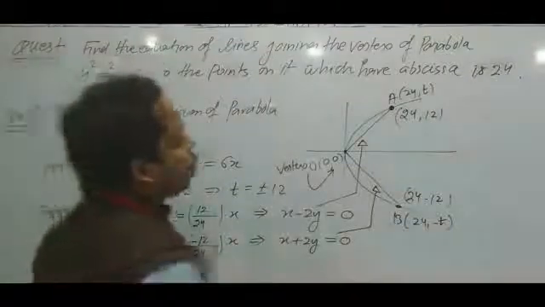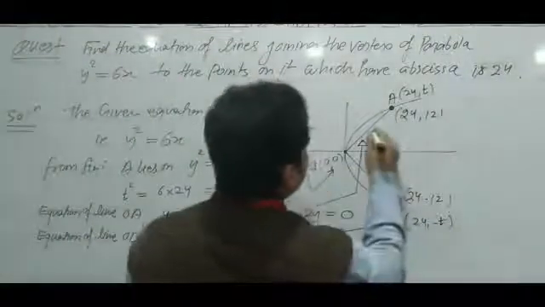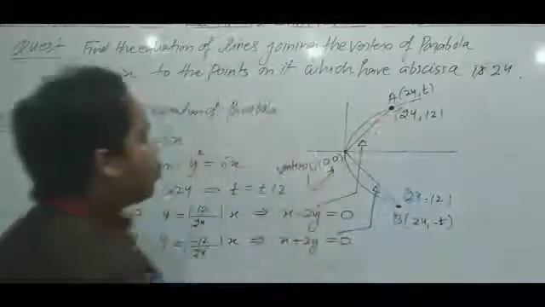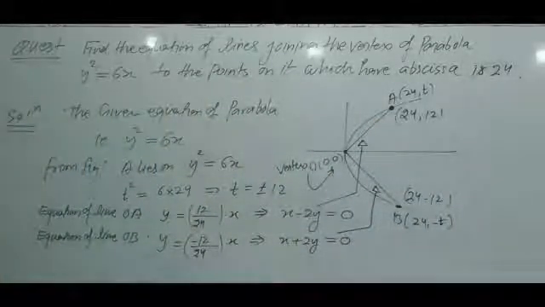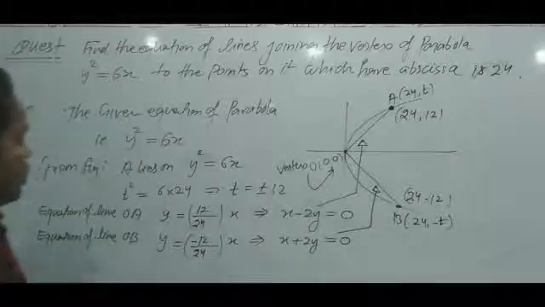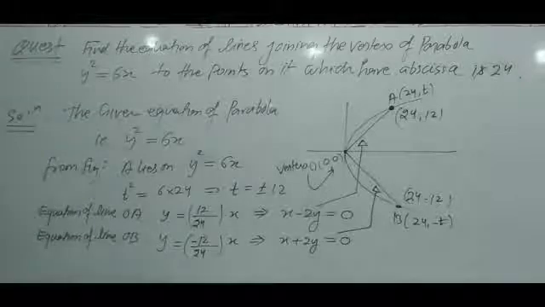This is also a chord, the line joining two points lying on the curve of the parabola. So this is also the equation of a chord, passing through the points (0, 0), the vertex, and (24, 12) and (24, minus 12).